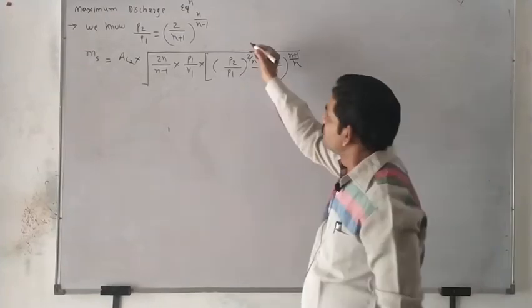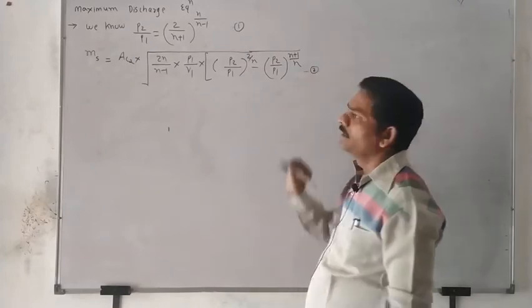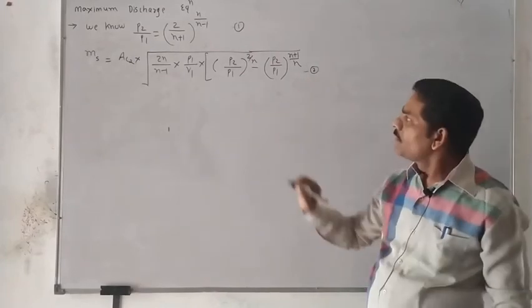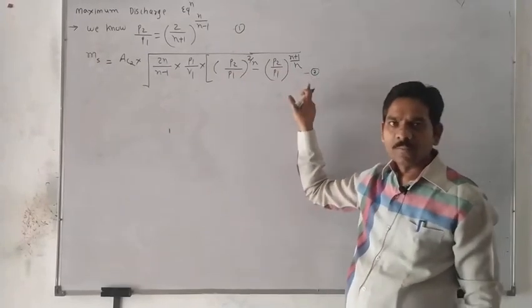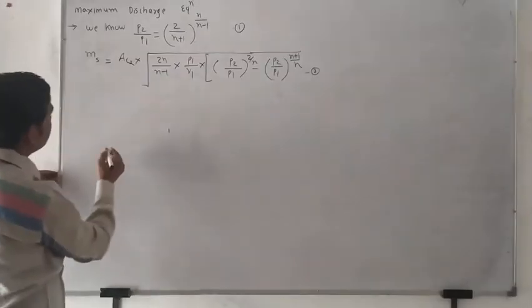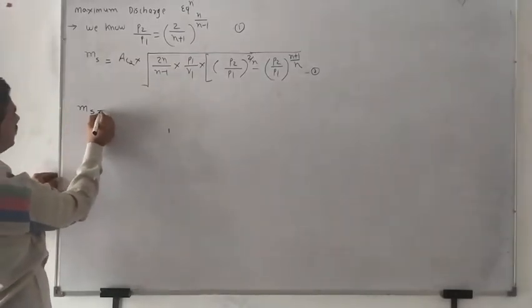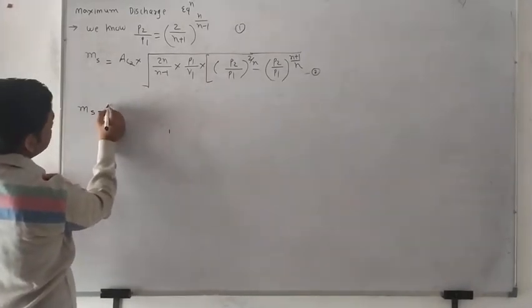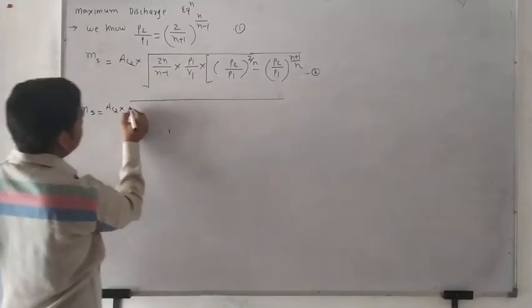Suppose this is equation number 1 and this is equation number 2. So put equation 1 in equation number 2. After putting equation number 1 in equation 2, what do we get? We get Ms is equal to A C2 under root.